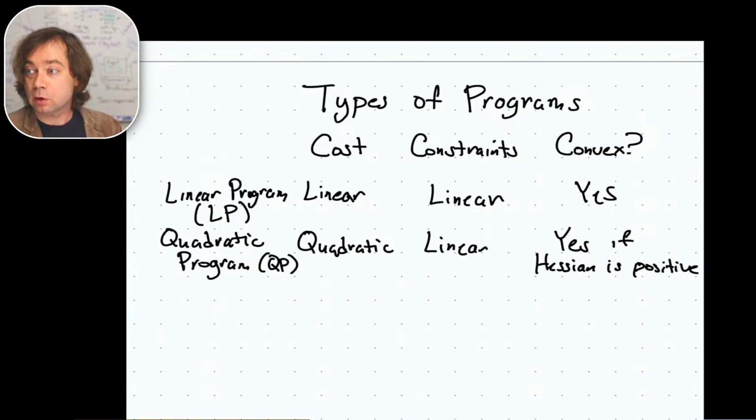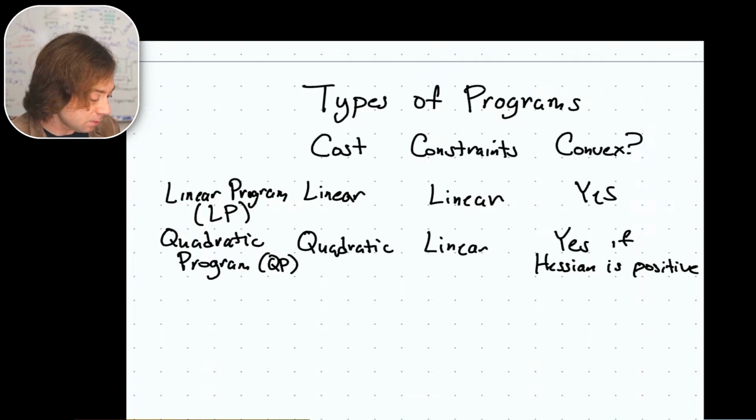Now, there are a lot of different types of programs. I can give you a little bit of an outline of other kinds of programs that are neat. There's second order cone programs. There's sums of squares programs, and semi-definite programs. There are all kinds of neat subclasses of programs that can be made convex. But for purposes of this class, we're going to be dealing with three types. There's the linear program.